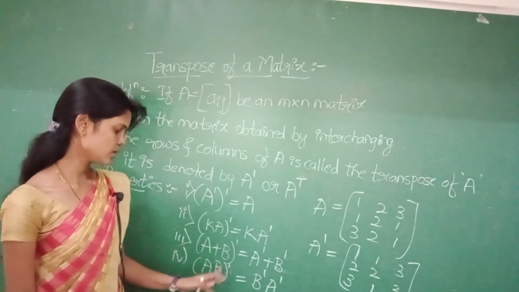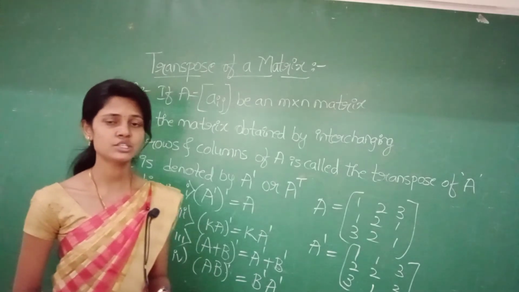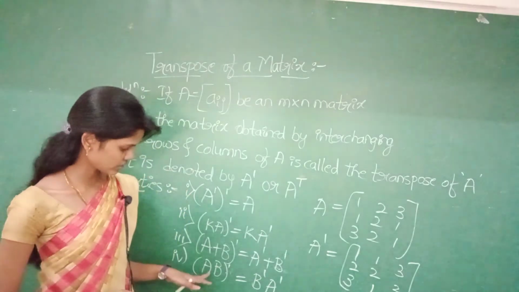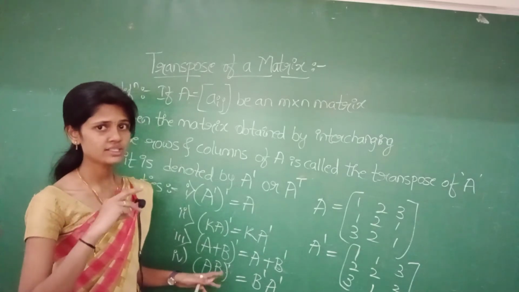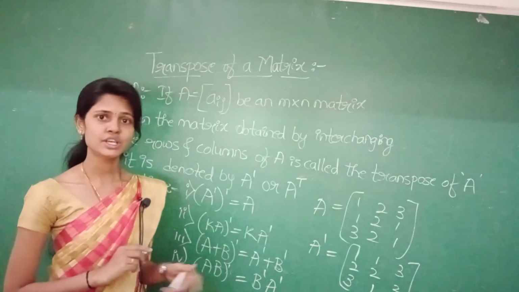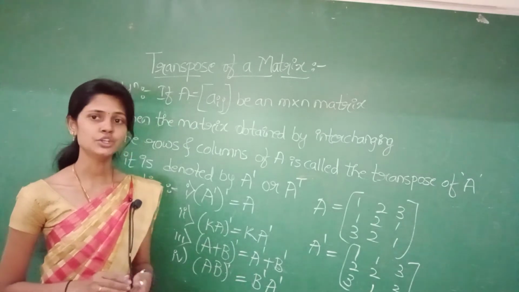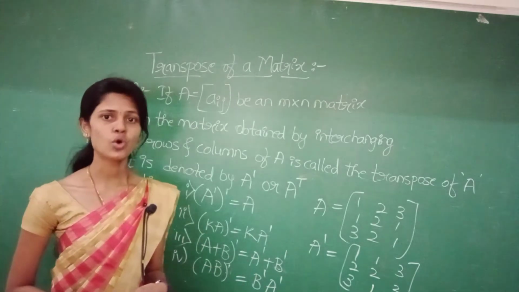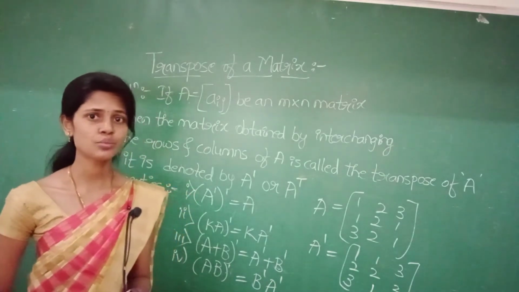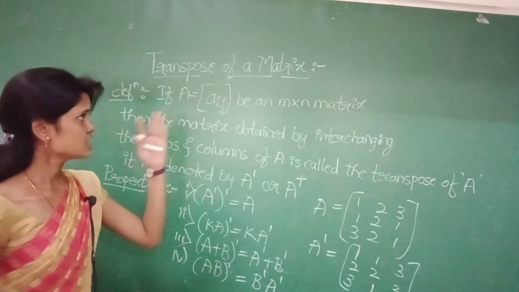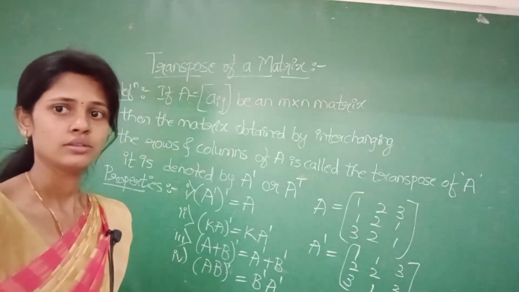Then (AB) whole dash gives us B dash into A dash. The product of two matrices is AB and its transpose is (AB) whole dash, which gives B dash into A dash. These are some properties of the transpose of a matrix.